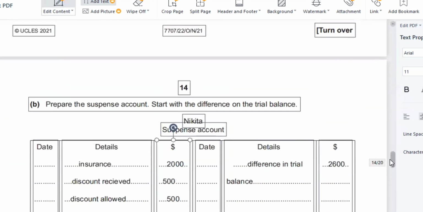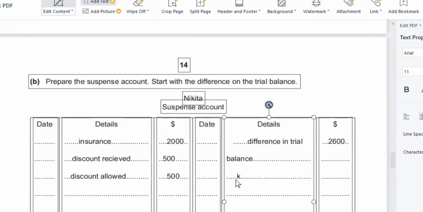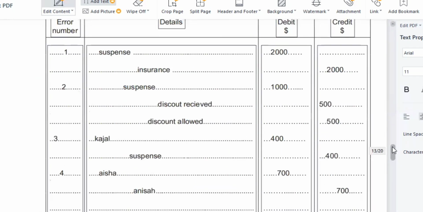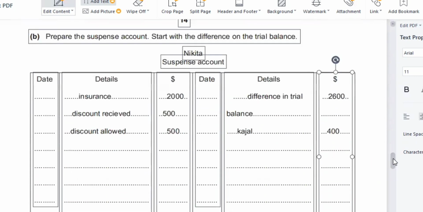So on the credit side, we'll have Kajal. In error 4, there's no suspense on credit or debit, so we will not include it in the suspense account. So the total will be 3000 and 3000.